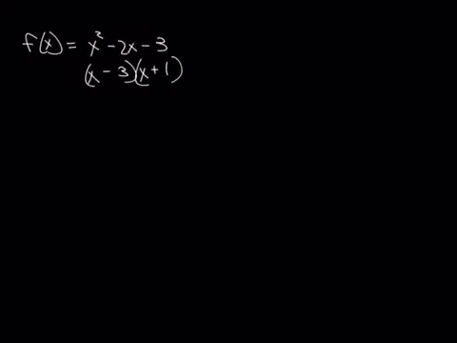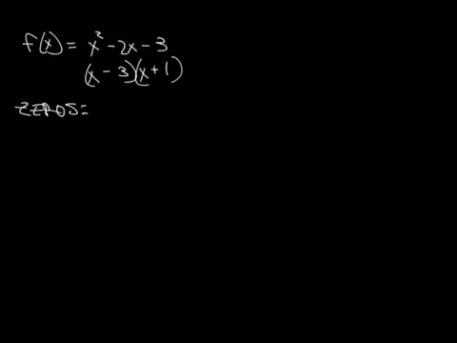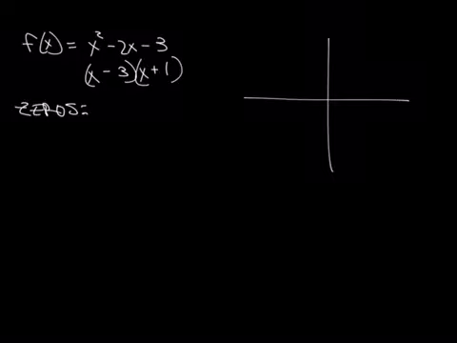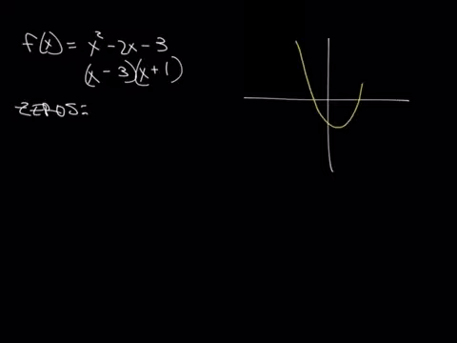Alright, so let's look at the zeros. Remember, the zeros is basically the answer, where it crosses the x-axis. So if this is a parabola, it crosses here and it crosses here, which is, zeros here would be 3 and negative 1.